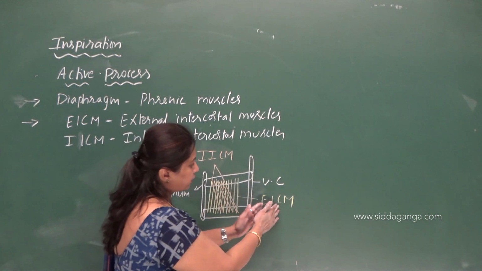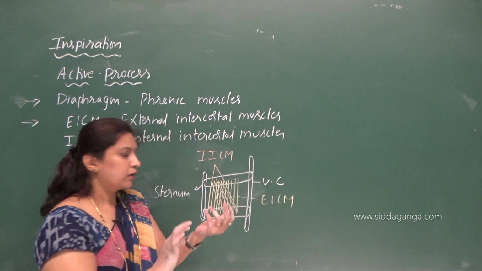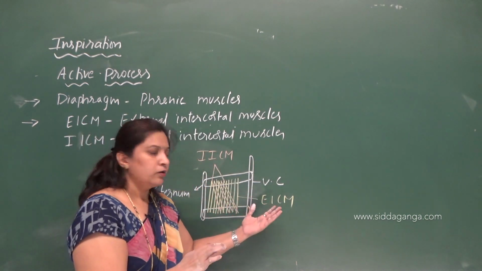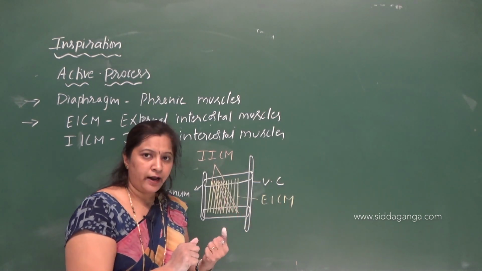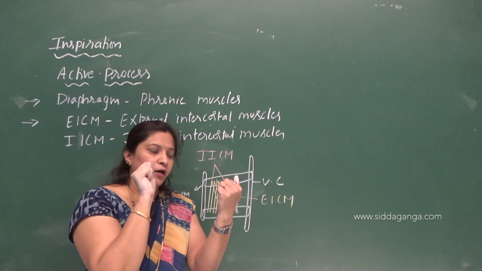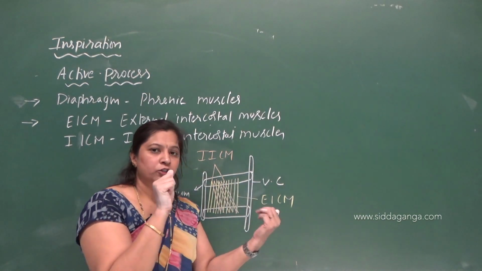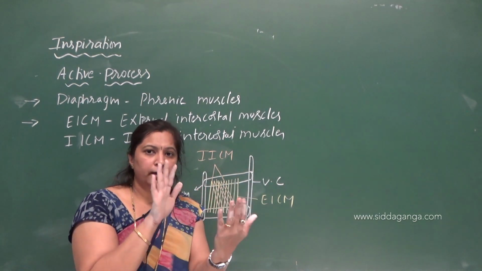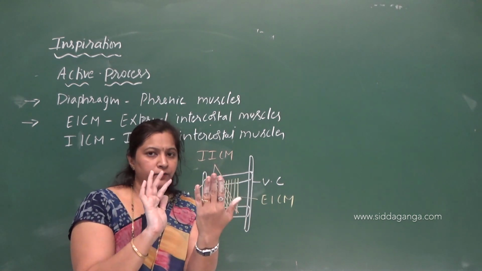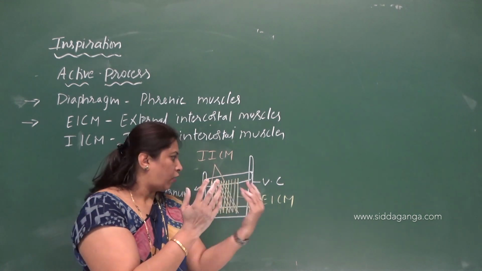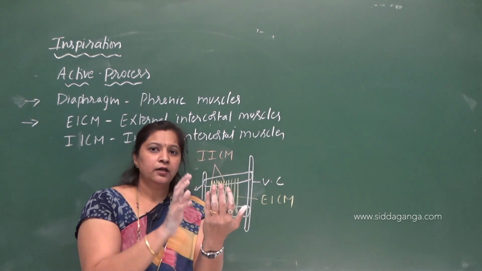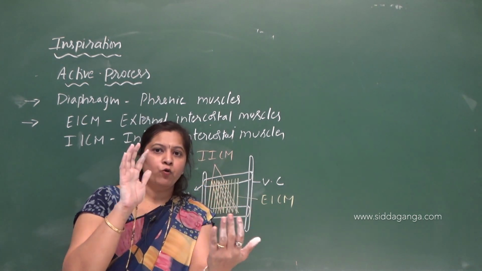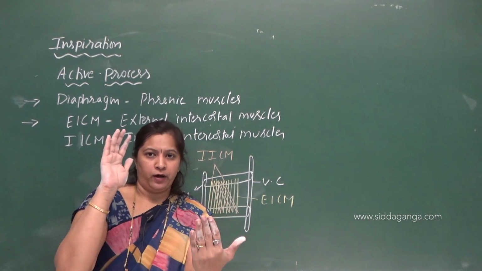When the external intercostal muscles contract, they shift the ribs and the sternum outward and upward.